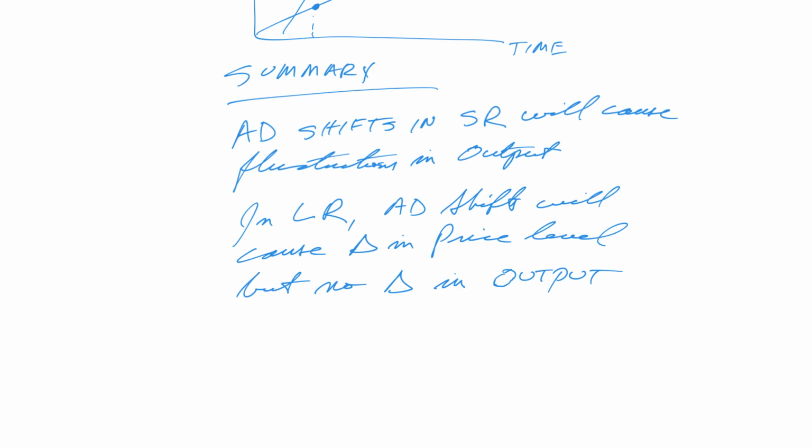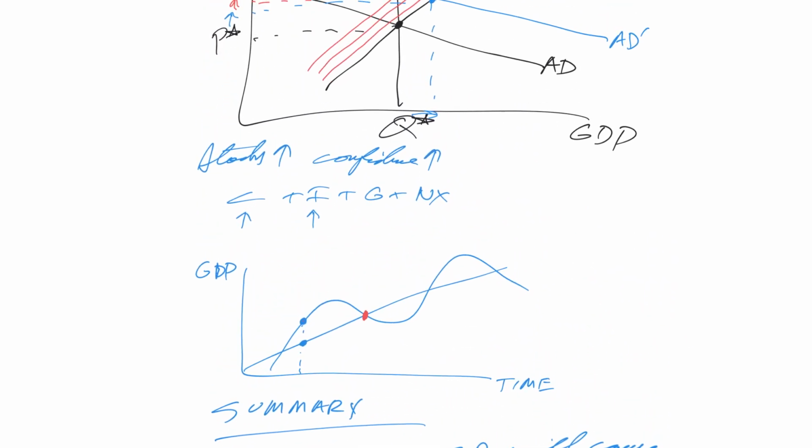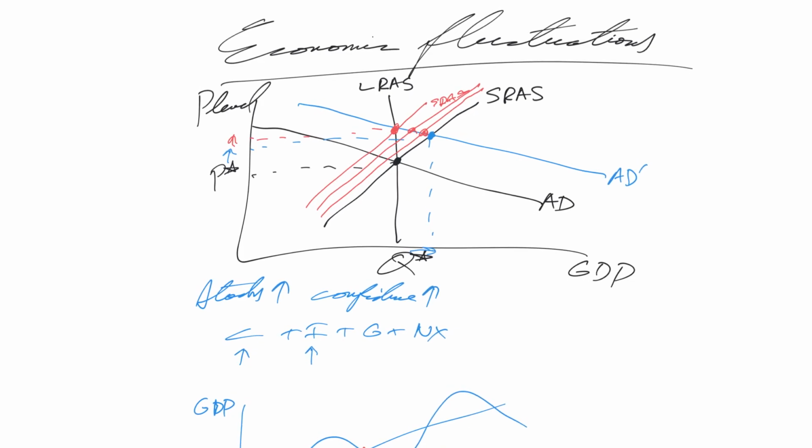So in the short run, there is a change in output from a change in aggregate demand, but not in the long run. All you'll be left with is a change in the price level, as we saw here. We saw aggregate demand shift out to the right, and we saw the higher price level.